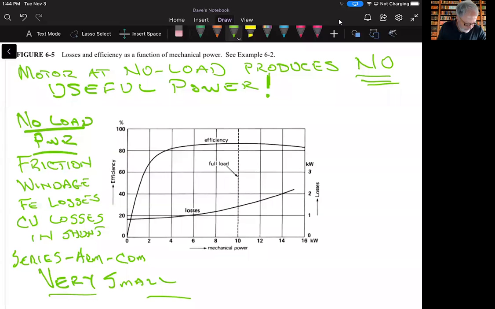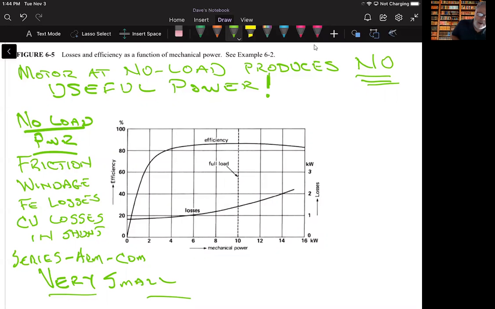Now, let's look at a graphical representation of this idea. If we think about a motor that has no load, it still needs some power to be able to turn, to rotate. So we must have some power from the line for the motor just to operate. Again, that power is not what we're thinking about in terms of useful power.